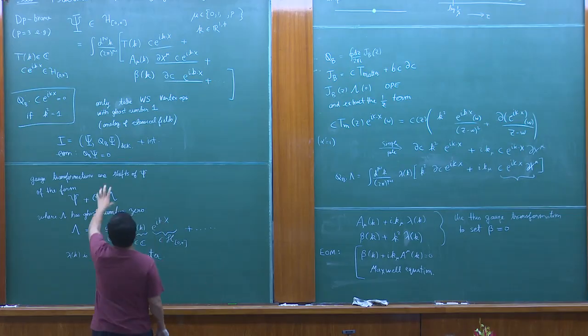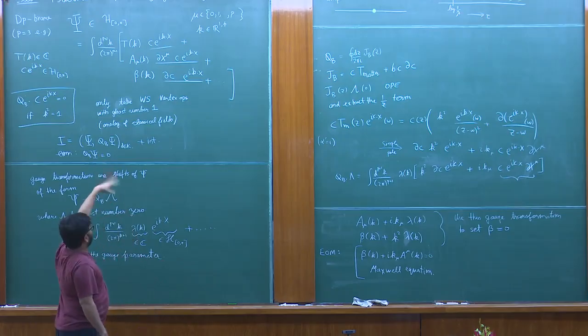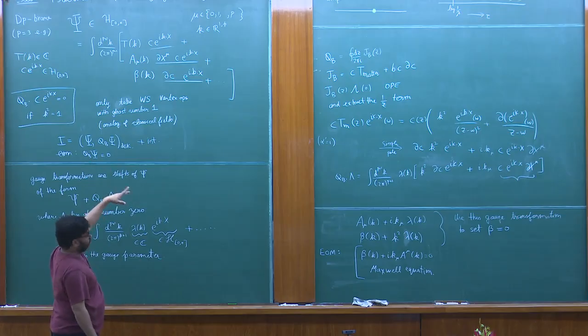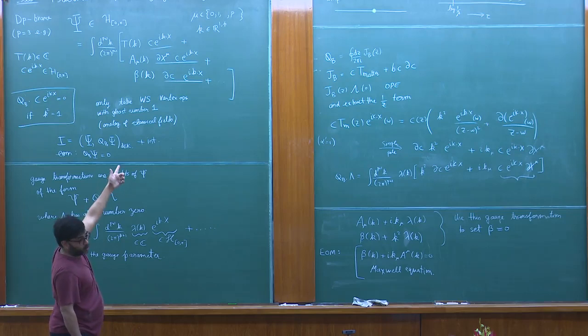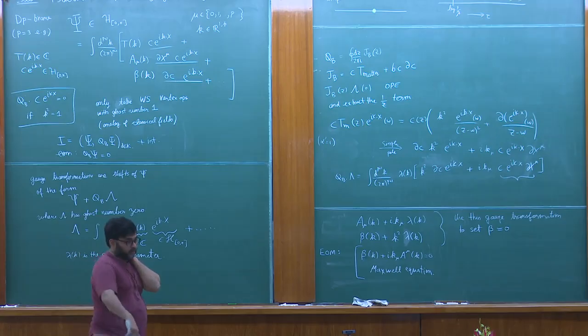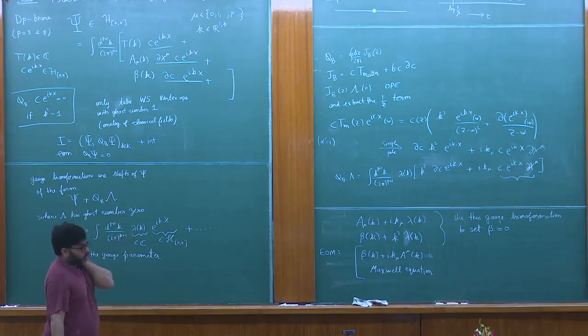So I should just drop this integral and remove all the k's from the arguments and drop the e to the i k x. There will also be no mu, so there will be no gauge field, because mu goes from 0 to p. So on a D-instanton, you'll just have the first line and the third line, without any k's. There's no k label, so it's like you have k equals 0.